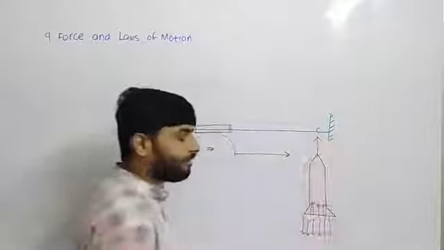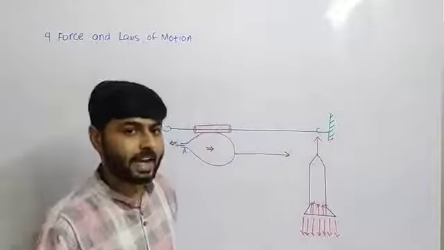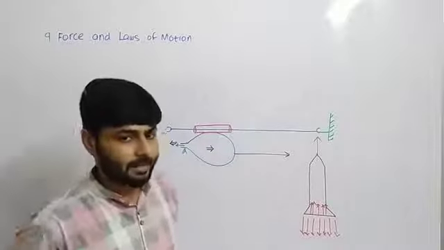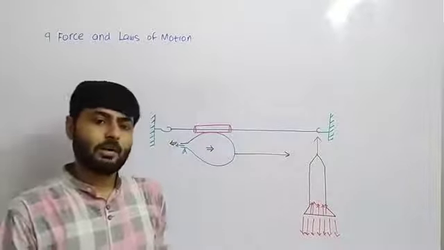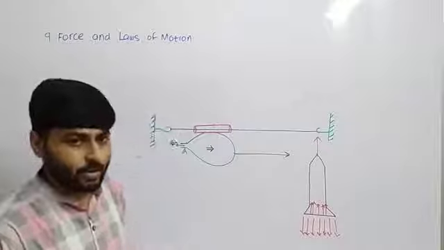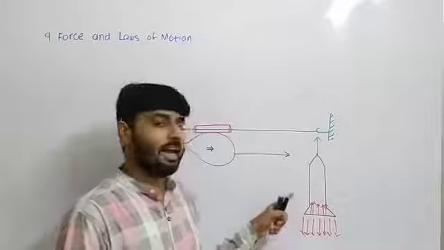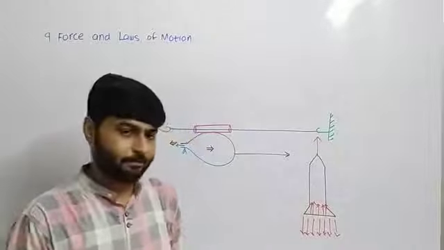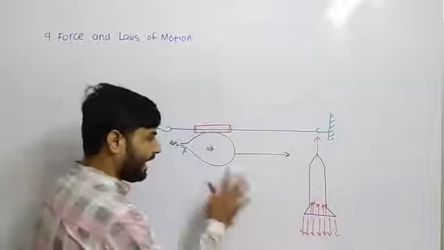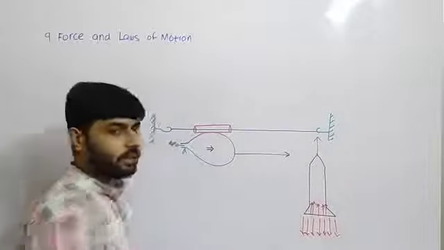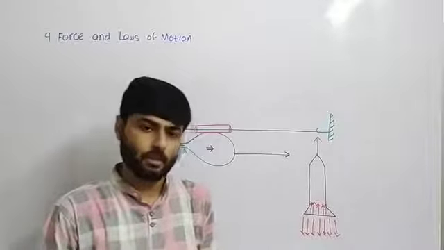So the rocket will move in the opposite direction, that is in the upward direction. So I hope now you understood the concept behind rocket flying. So this is the application of the third law of motion.